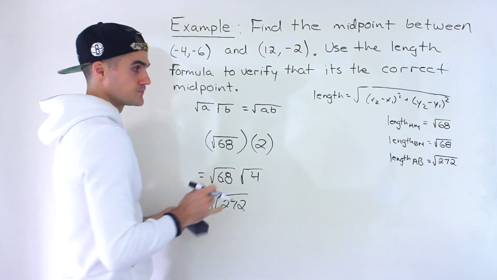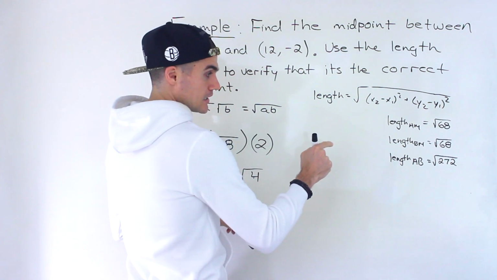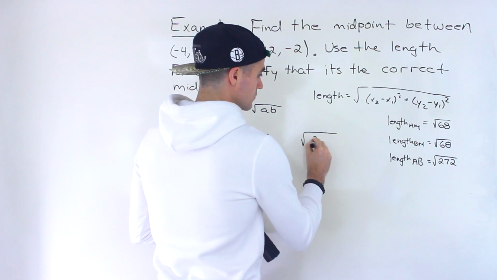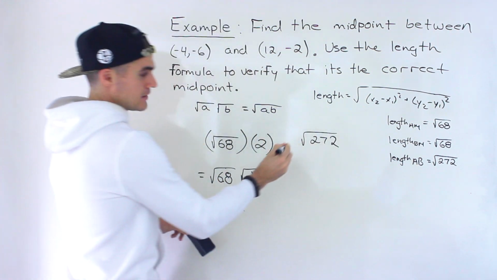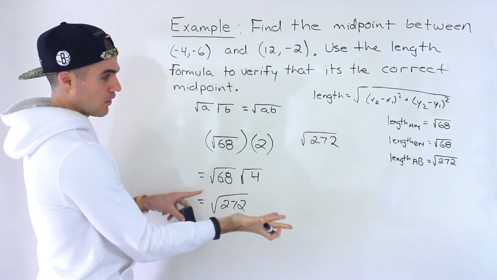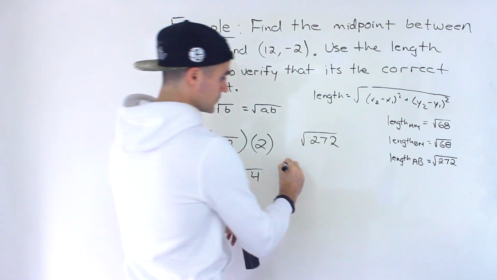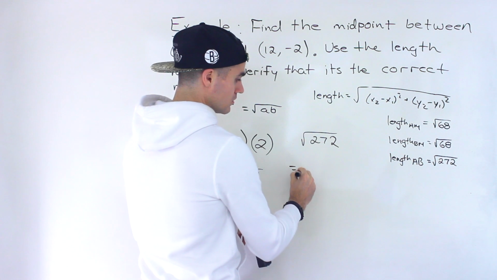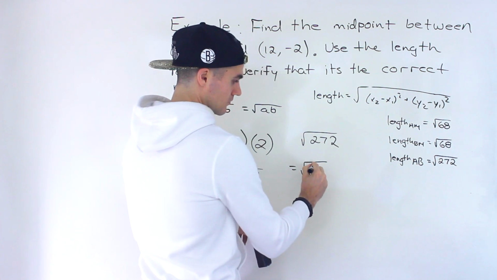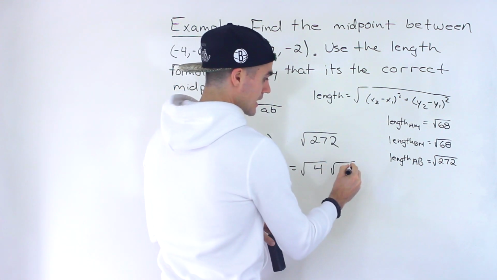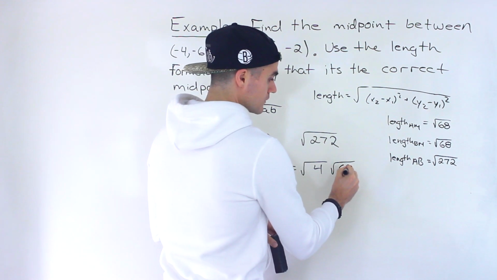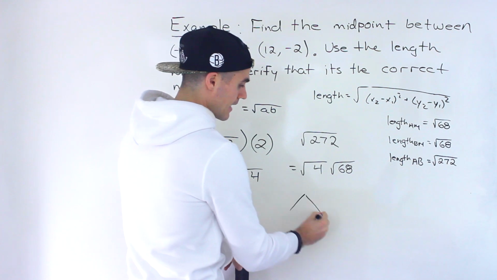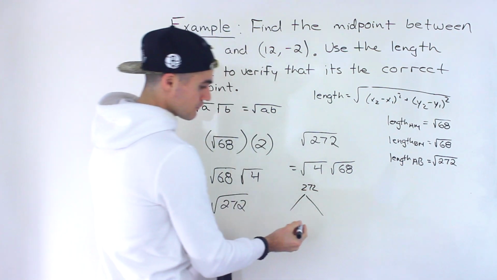Another way you can do it is you can take the square root of 272 and you can break that down. You can go the other way. So the square root of 272 is actually equal to the square root of 4 times the square root of 68. You could take 272 and start breaking it down into certain factors.